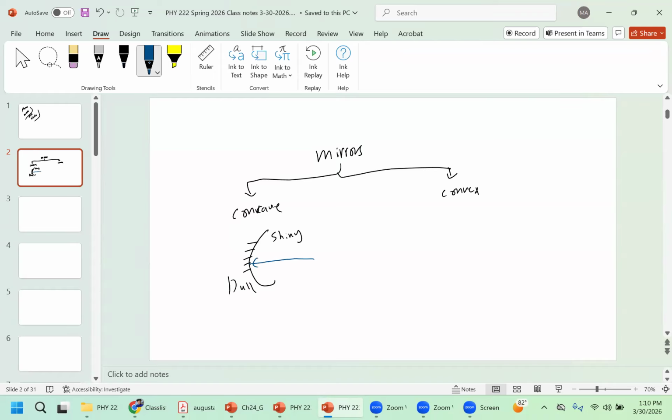Your ray goes in and it reflects back. On the convex, it is the opposite. So this is going to be your dull side, and your ray will reflect off the shiny side. Are you with me so far? Yeah.